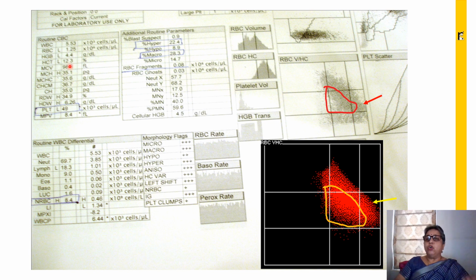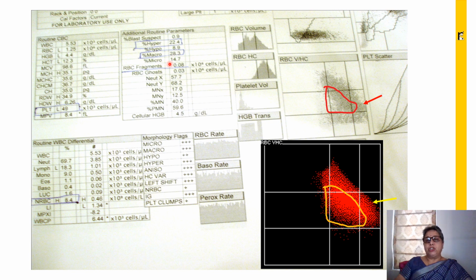You need to look at the scatter or the histogram, which will tell you that there are different kinds of cells in this sample, or different sizes of red cells, or different chromasia of red cells. So one needs to look at the picture, and looking at the numerical values alone is not going to tell you what kind of cells we are going to be having in this particular sample or for this patient.